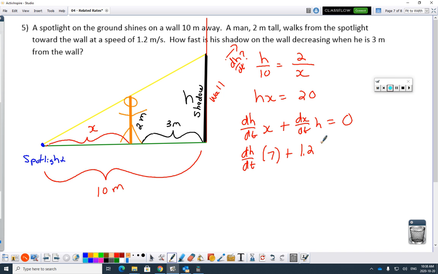1.2. And the height of the shadow is, oh, I don't know the height of the shadow. How am I going to get the height of the shadow at this particular time? I got to go back to here. H over 10 equals 2 over, we decided the x was 7, yes? So I get H equals 20 over 7.